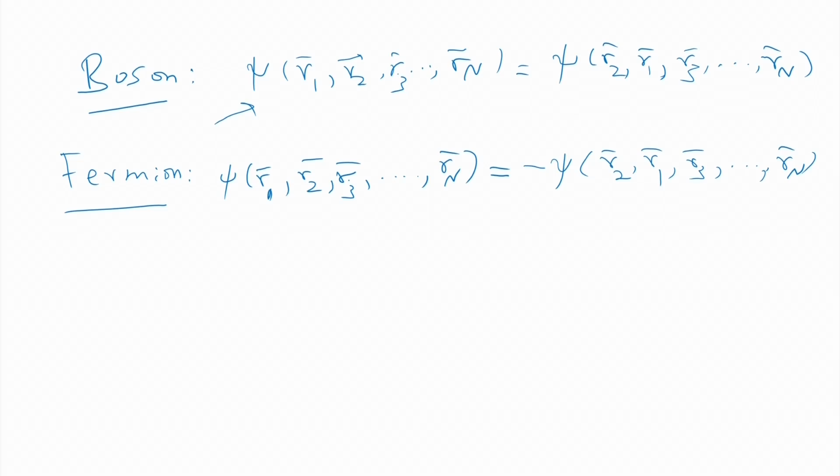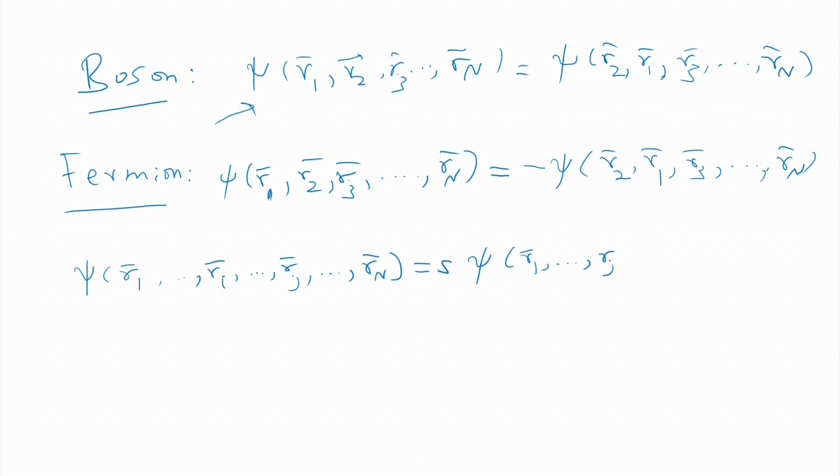So, I am going to write this compactly in the following way. I am going to generalize this. If I interchange R i and R j, I am going to write this as S times the wave function of R1 through R j, R i, through R n.